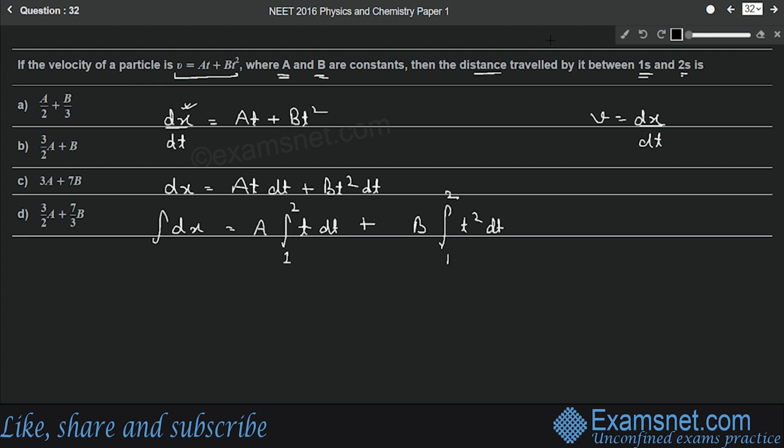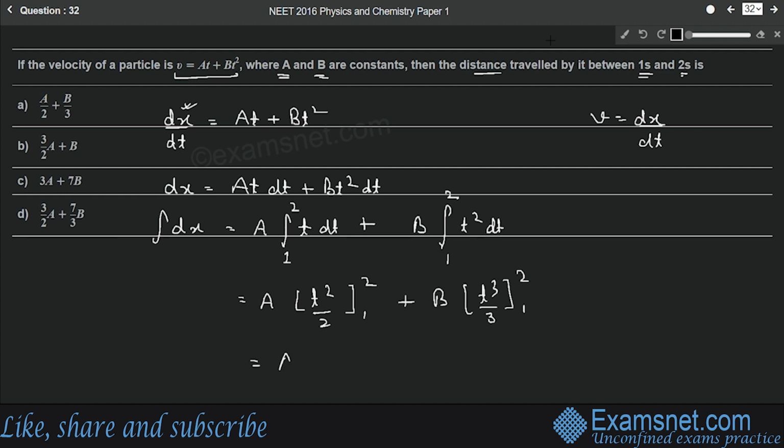Now let's integrate. So this side we get a, now we have to put t square by 2 and limits 1 and 2, plus b integration of t square will be t cube by 3. Okay, so t cube by 3, and we have to take the limit 1 and 2. Okay, that means how to do it?